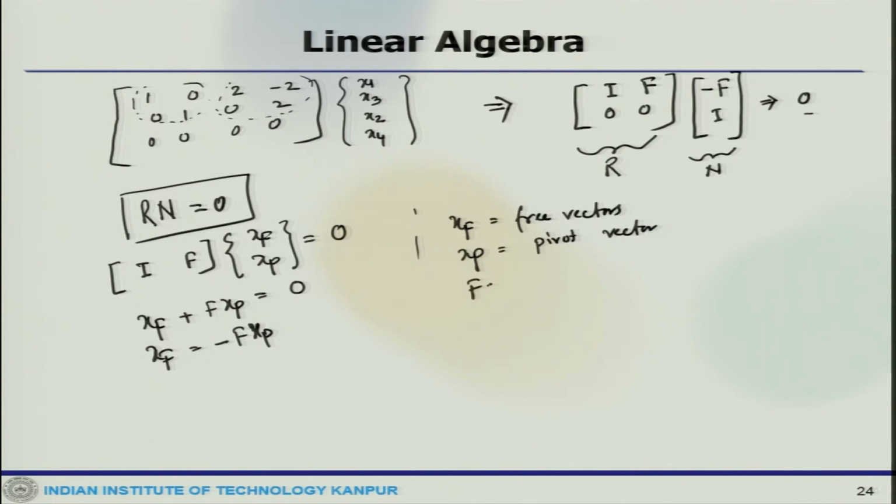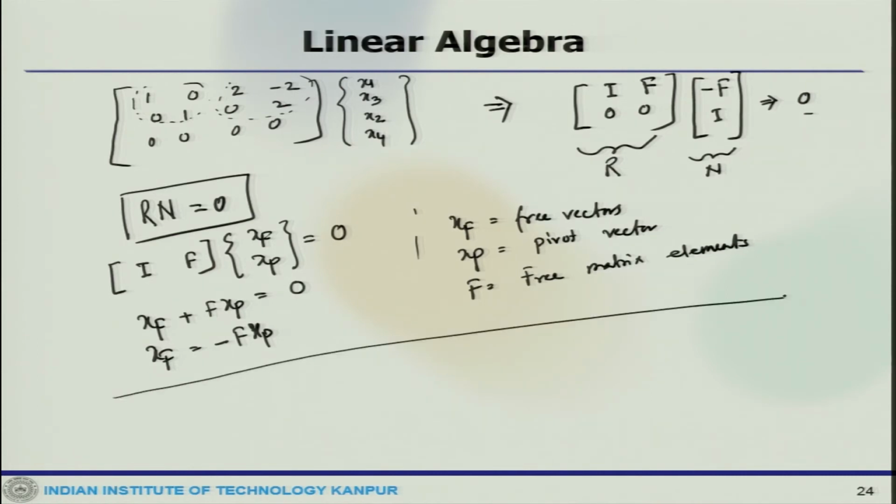And F means free matrix elements. So, this is how you can get the row reduced form, and from there you can find out the null space vector. So, let us take another example and find that.